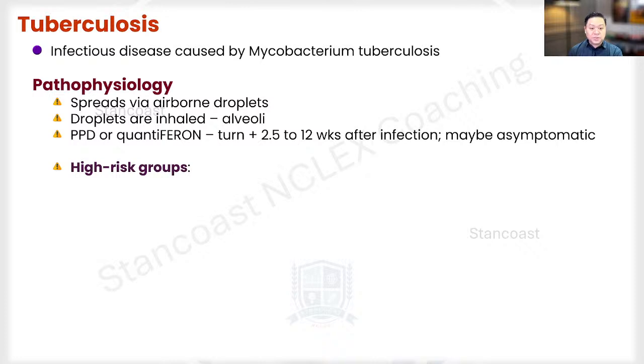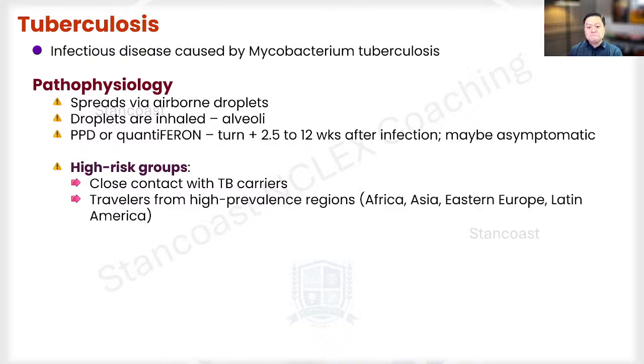Now, talking about the different high-risk groups, these are persons in close contact with those with active TB, or travelers from high-prevalence regions, let's say Africa, Asia, Eastern Europe, Latin America, or Russia.